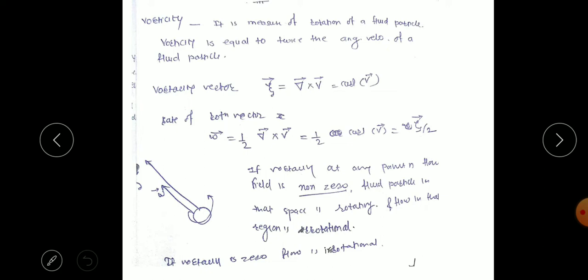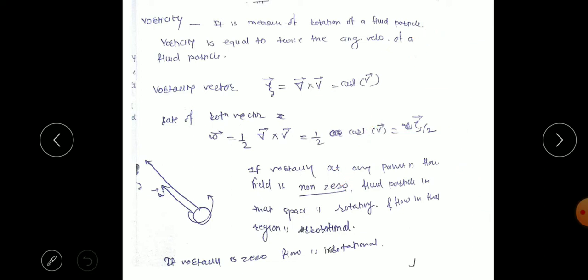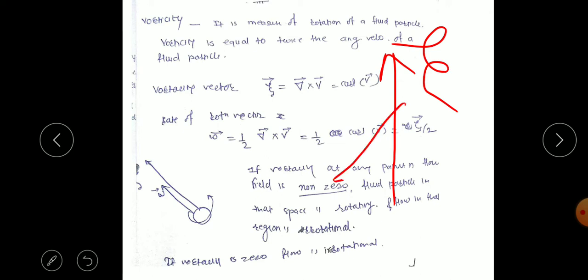If you consider the fluid may be rotating, suppose this is a fluid element, with the x and y directions perpendicular to each other. The direction of the rotation vector will be perpendicular to this, along the z direction. This is the rotation vector zeta.